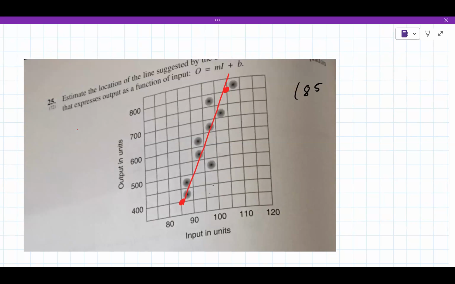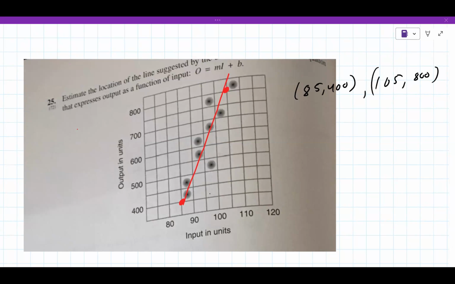And for the rise, okay, so that's going to be 20, so y equals 20.